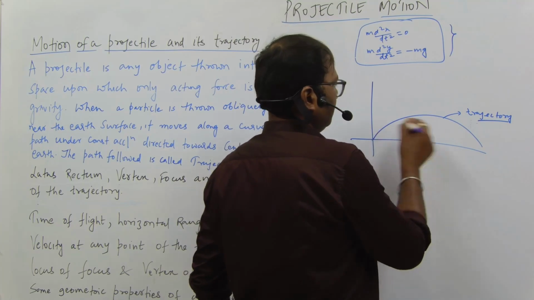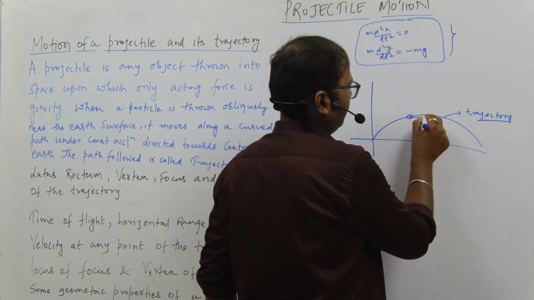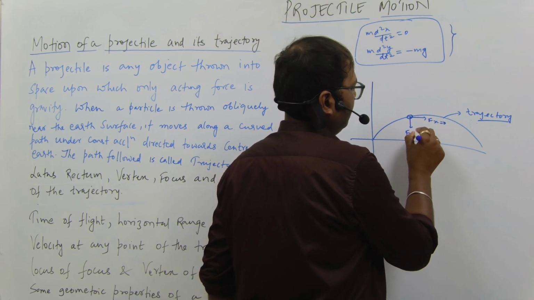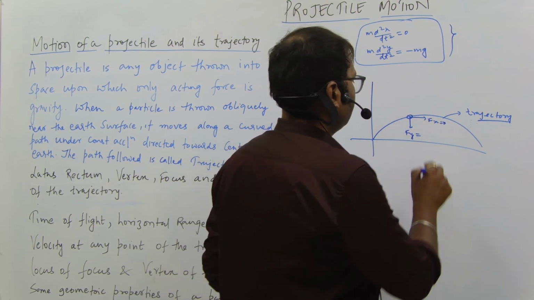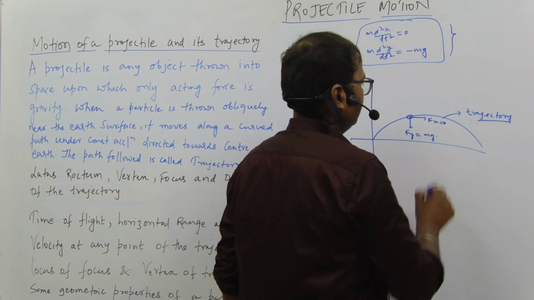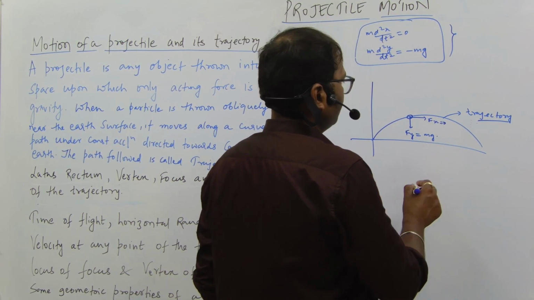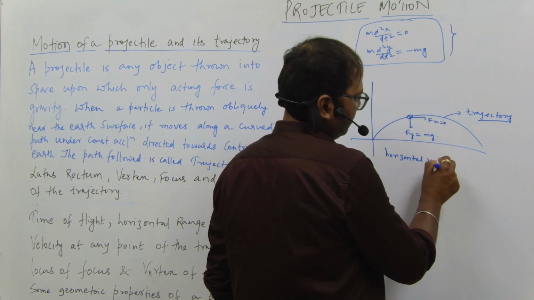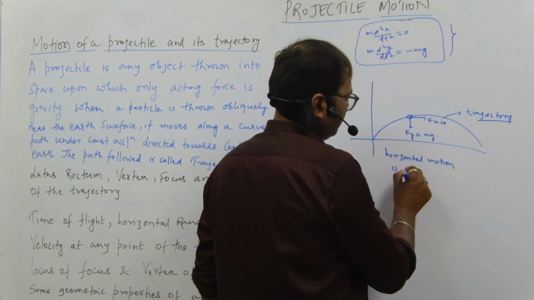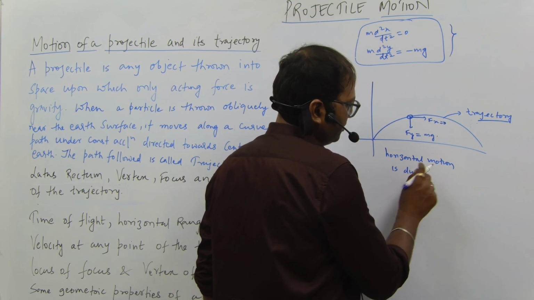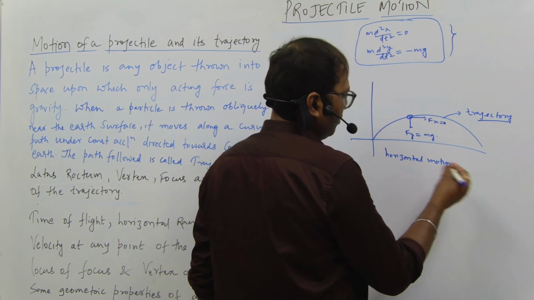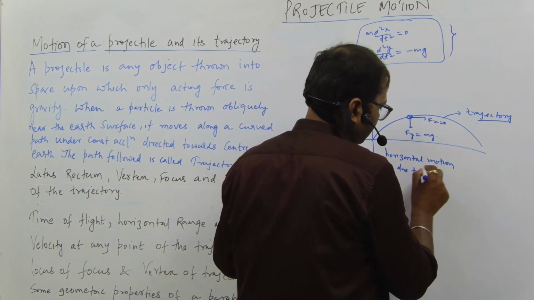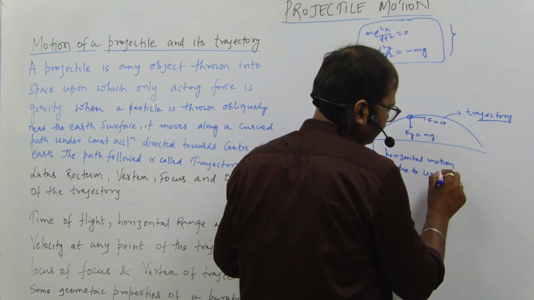There is no force along the horizontal direction; the only force is due to gravity, that is mg. The horizontal motion is due to uniform velocity.